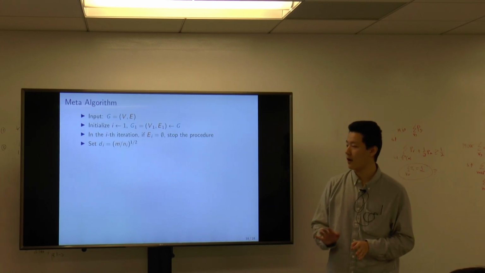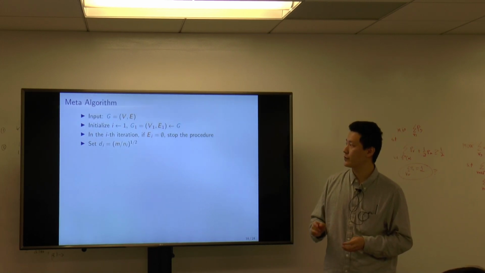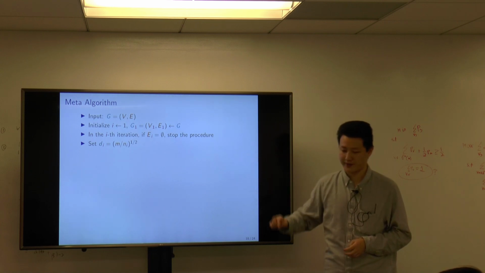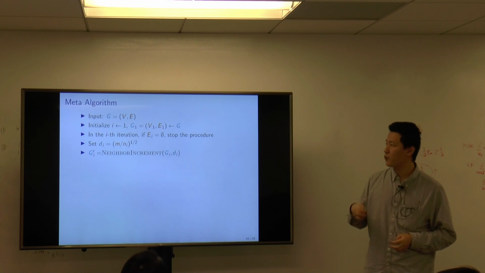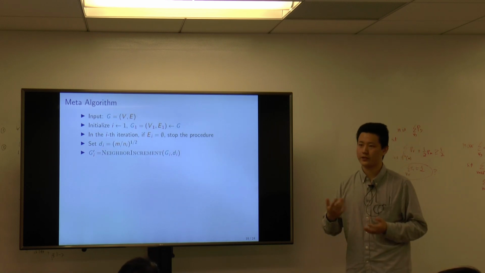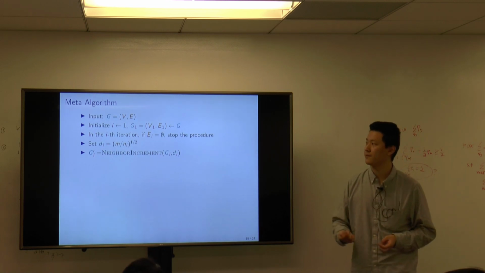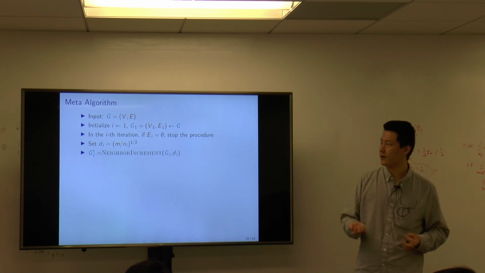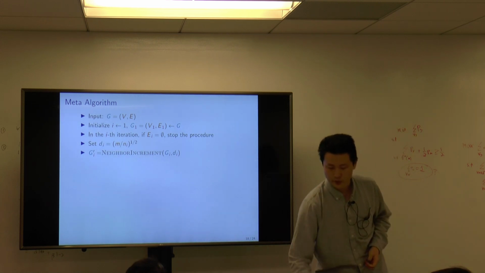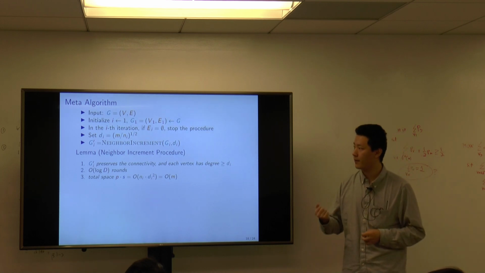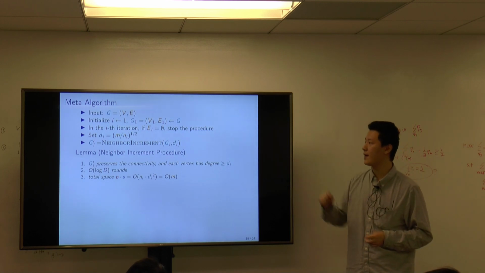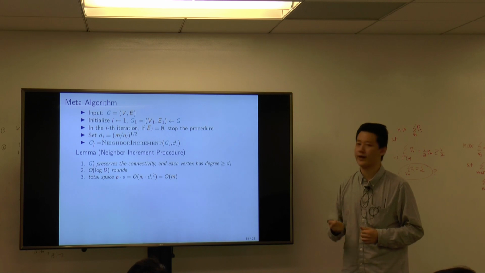I will talk about why we should choose di to be this parameter later. And then we run this neighbor increment procedure. It takes the current graph Gi and the parameter di as the input, and it will output Gi prime. Just remember, this graph Gi prime will preserve the connected components of the input graph Gi, and each vertex has degree at least di.